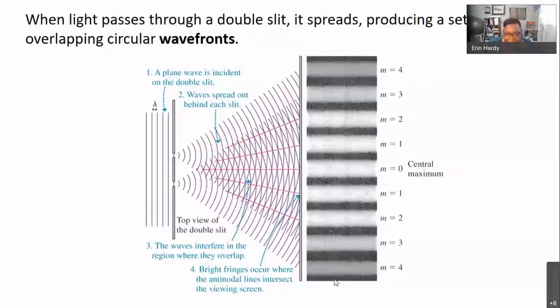You should think of this image on this slide as a bird's eye view, so you have a rectangular screen or whiteboard collecting this horizontally oriented pattern. So you have m equal to 0 in the middle, and then to the left and right, you have m equal to 1, 2, 3, and so on.